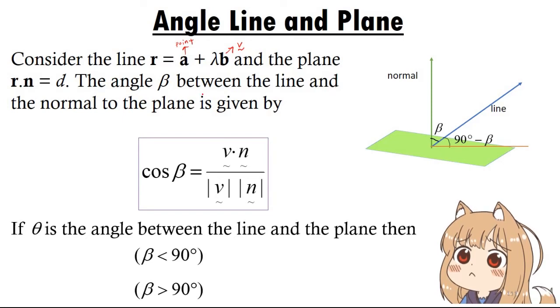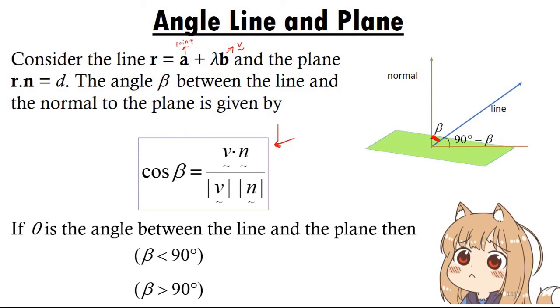The angle between the line and the normal to the plane is given by, kat sini kalau kita tengok, bila awak cari cos beta, awak akan dapat yang dekat sini. Dekat sini adalah antara normal dan juga line. Ini yang kita akan dapat bila kita pakai formula ni.